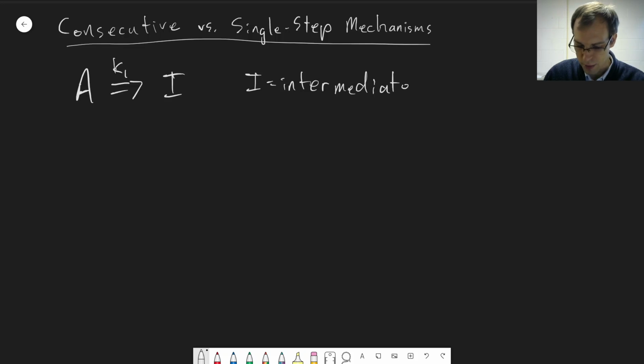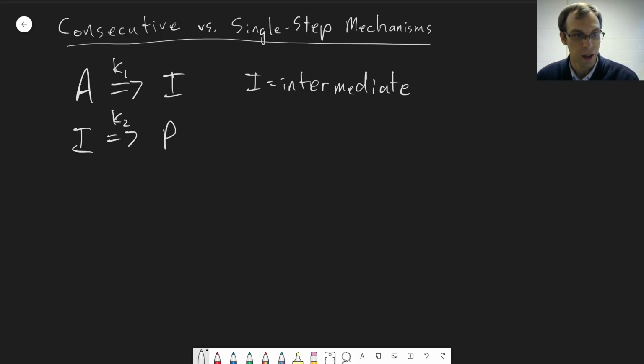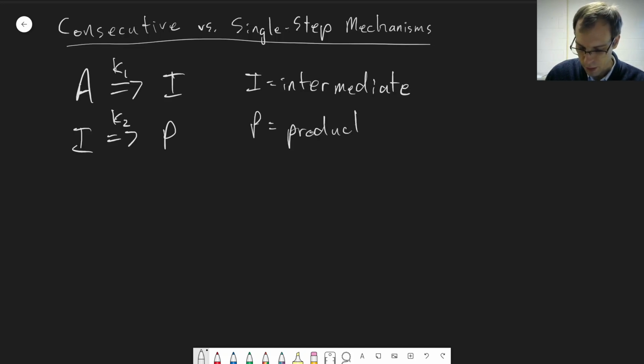So we form some intermediate, and then in a second step, the intermediate follows the second rate law, first order for both of these, unimolecular, and turns into the product. And this is a common motif that's seen.